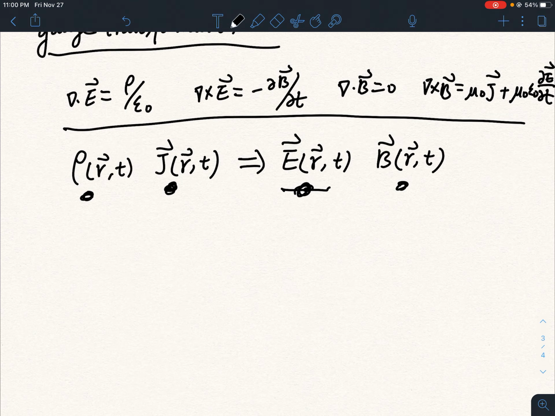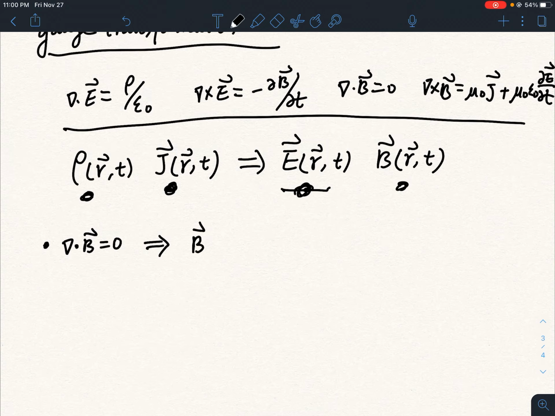Now let us look at this. Because it is time dependent, we have to really look at these equations. What we learned from the electrostatic and magnetostatic cases may not work here. Let us look at the first one: del dot B equals 0. This says the divergence of the vector B is 0.